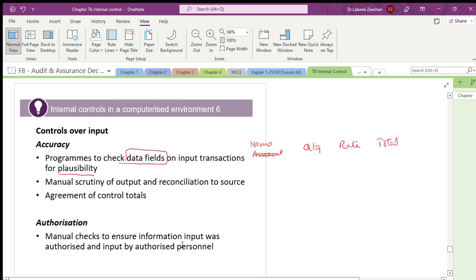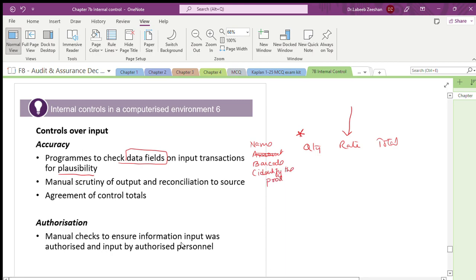Assume you have quantity and rate. Now most of the time they will put one asterisk mark here, which means this is compulsory. The moment you scan the item, the barcode will come and it will identify the product.